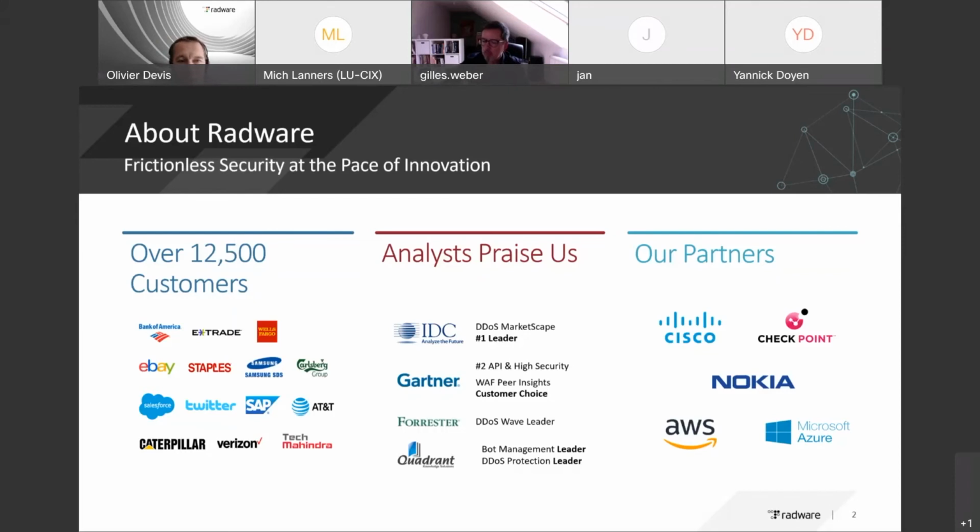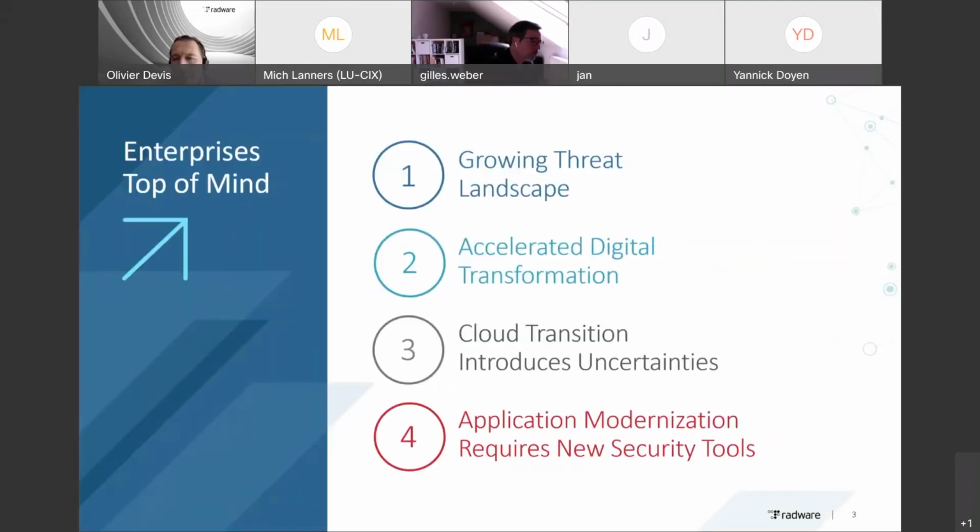Radware has been on the NASDAQ since 1999. We are also recognized by the analysts and our partners, which we do OEM with: Cisco, Checkpoint, Nokia, Azure, and AWS.